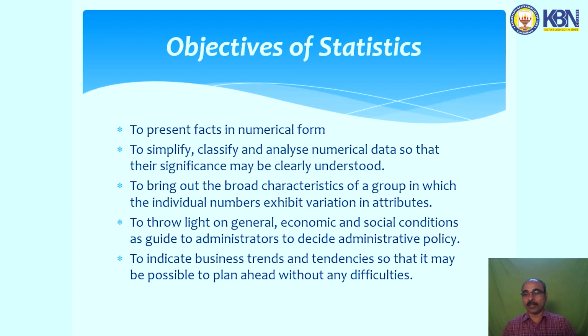In a broader sense we have divided into 3 groups, clever, average and poor. From the clever point of view, we again characterize the group in a broad sense. There we take into consideration each individual group. There you can understand the individual numbers exhibit variations in attributes.